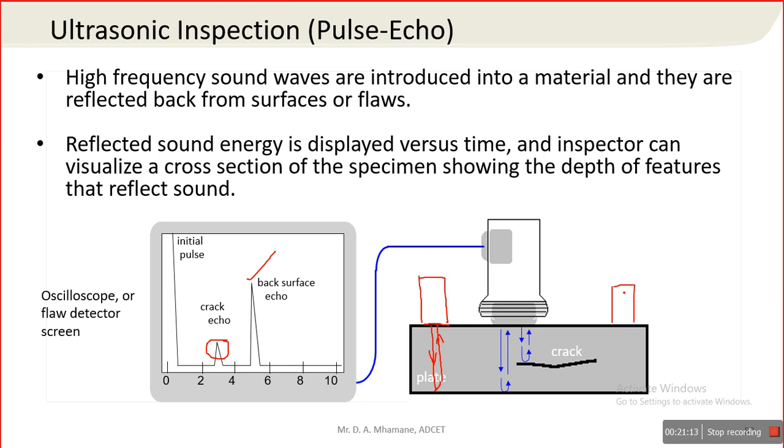The first one transmits the sound wave, and another probe placed exactly on the opposite side receives it. Then it is called the through transmission method. Two different probes are used, one for transmission and one for receiving the sound wave.